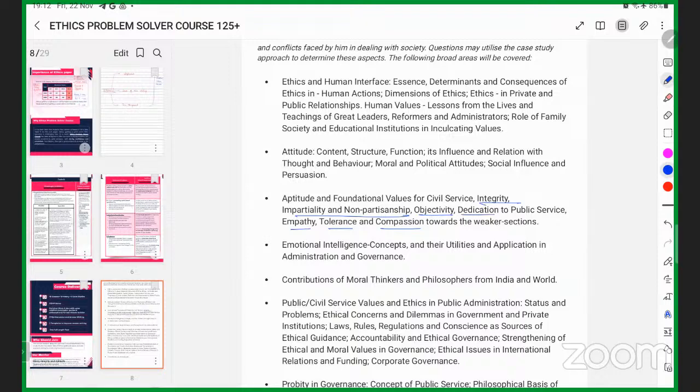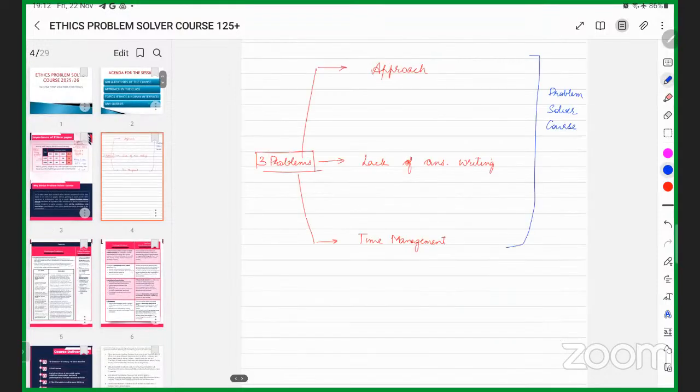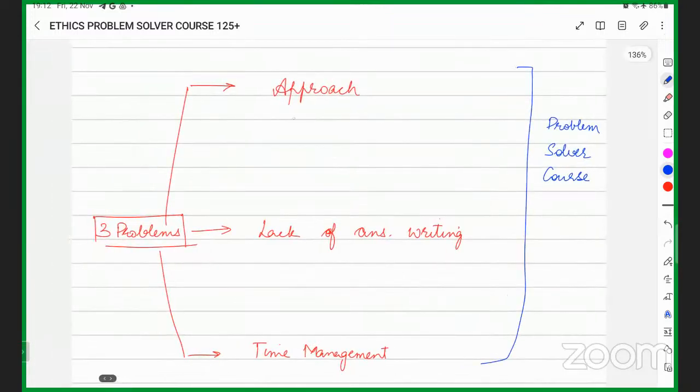So they will look for these keywords and prepare their definitions, plus a few examples, plus some general points. This is the approach that the majority of students follow.